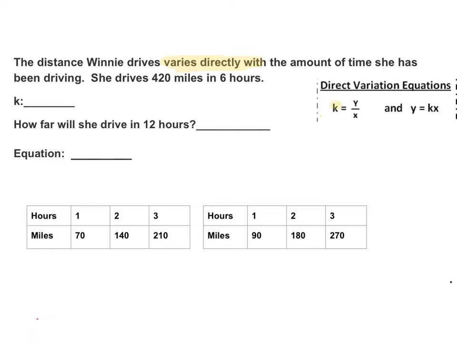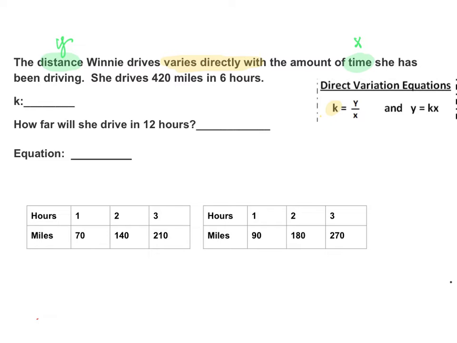That means I can find the K. You say, well, what is the K? It says there's distance here. So the distance is going to vary directly with time. What that is saying is that the y, distance, is going to vary directly with time, x.